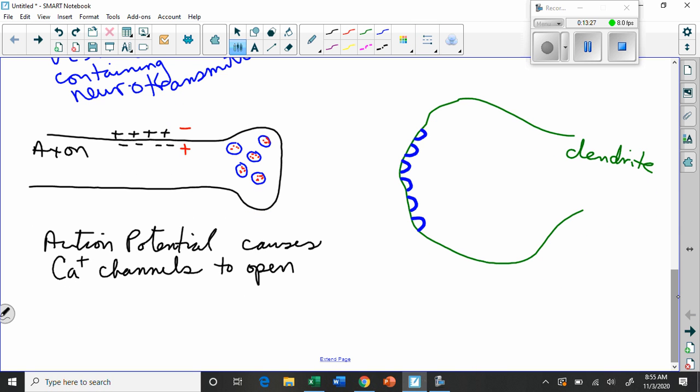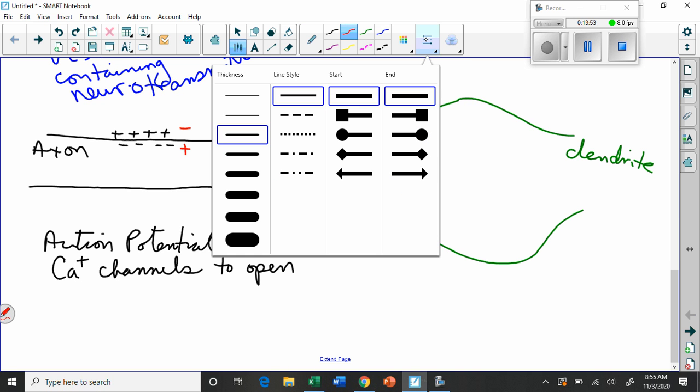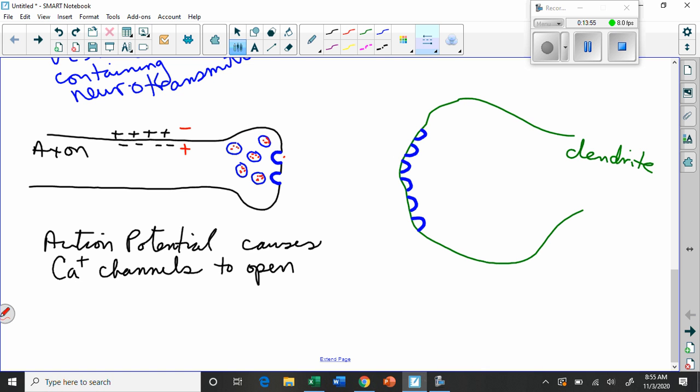Now, when these calcium channels open, this causes these vesicles to migrate to the end, so they move like this to the edge. And I'm going to just use my little eraser and open them up. And when they open up, they release their neurotransmitters. Okay?